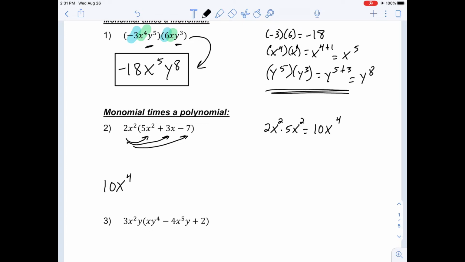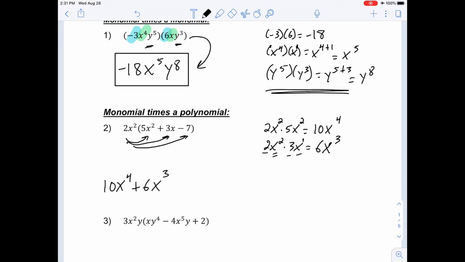So now the next part, we've got 2x squared times 3x. Again, we multiply the numbers, so 2 times 3 gives us 6. And then x squared times x is x to the 3rd, because remember you add the exponents, there's a 1 there, so 2 plus 1 gives us 3. So that's plus 6x to the 3rd.